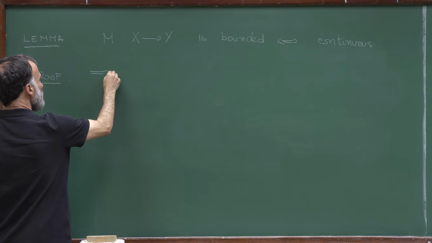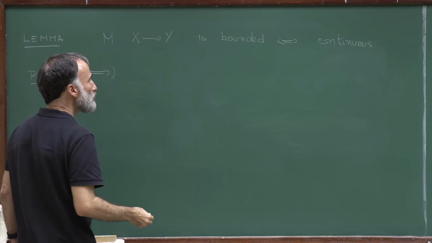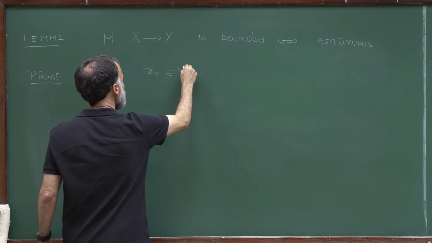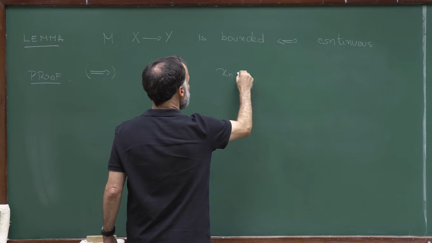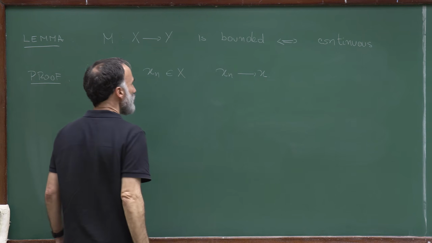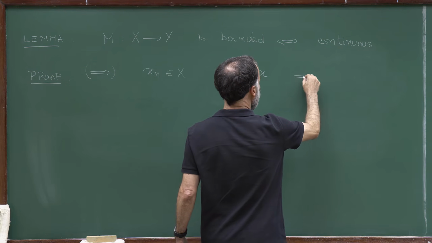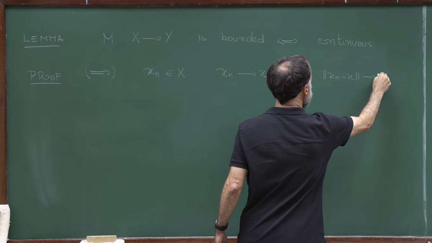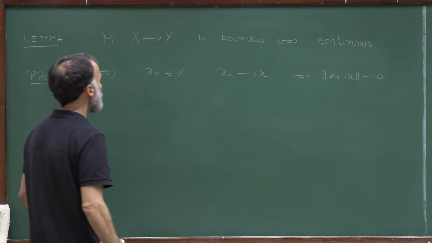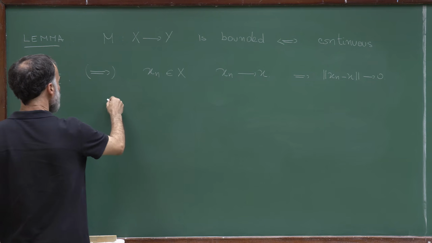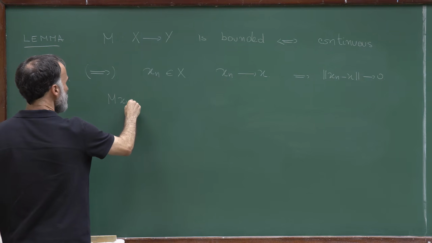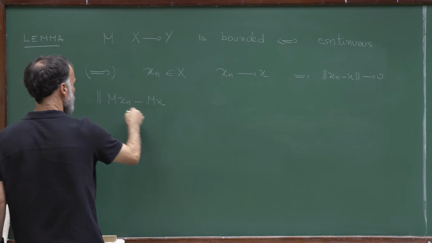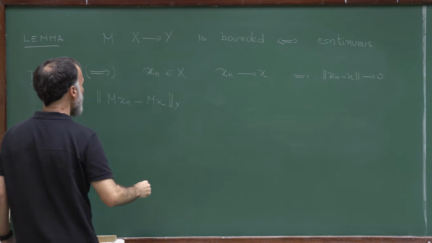So assume that it's bounded. Let's prove that it's continuous. So consider a sequence xn in X, xn converging to some x. This means that the norm of xn minus x converges to 0. Now, to show that it's continuous, we have to prove that Mxn converges to M of x.